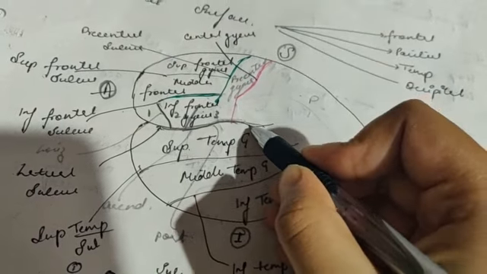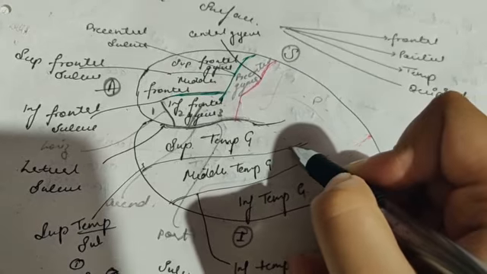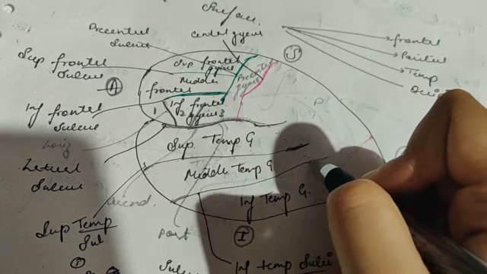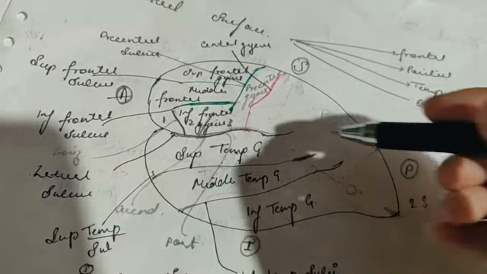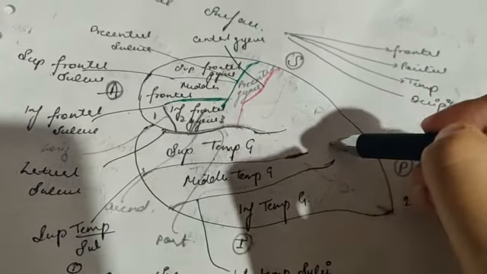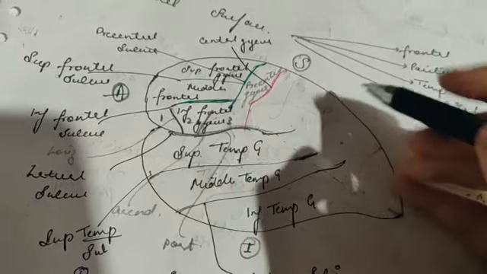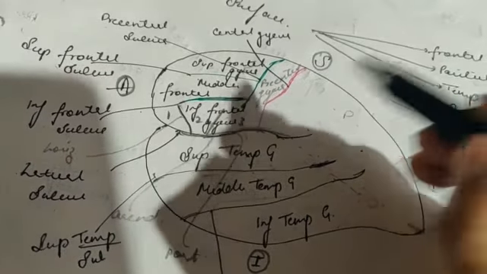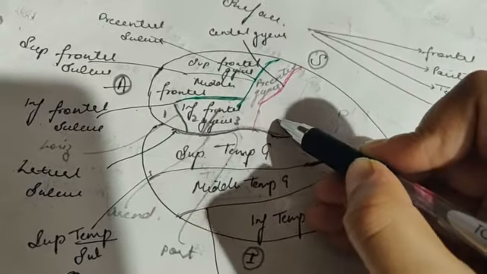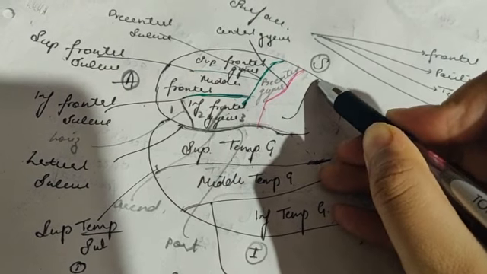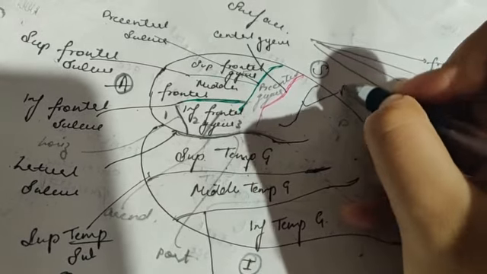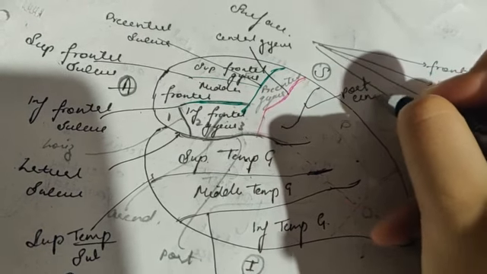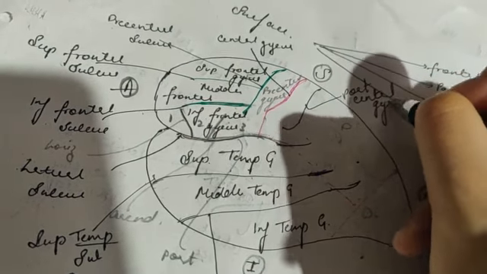Now these extend into the parietal lobe, and the reason is that these three are going to form the gyri of the parietal lobe. Talking about the parietal lobe, we have two important sulci. This is the post-central gyrus. Why is it the post-central gyrus?